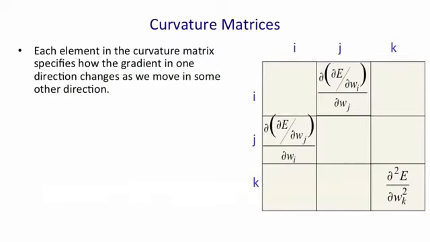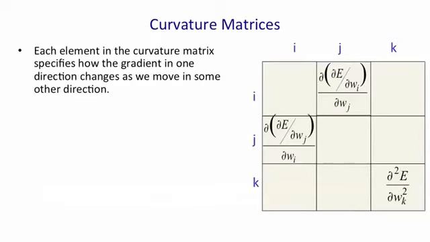So curvature matrices look like this. For each pair of weights, Wi and Wj, they tell you how the gradient in one direction changes as you change in another direction. In other words, as I change weight i, how does the gradient of the error with respect to weight j change? That's what a typical off-diagonal term tells you.